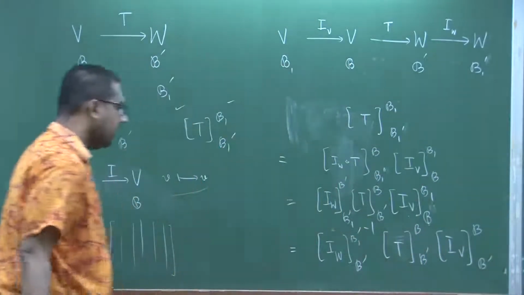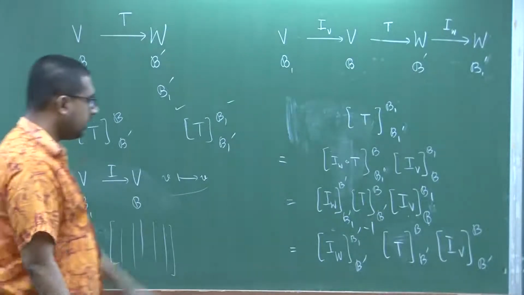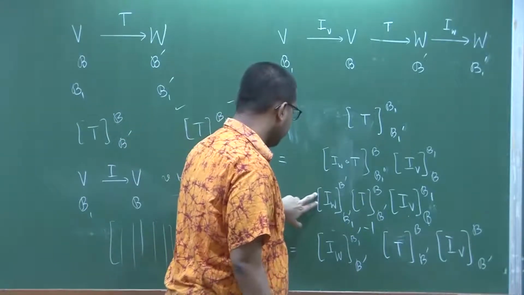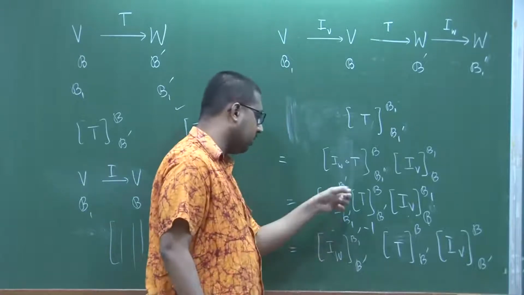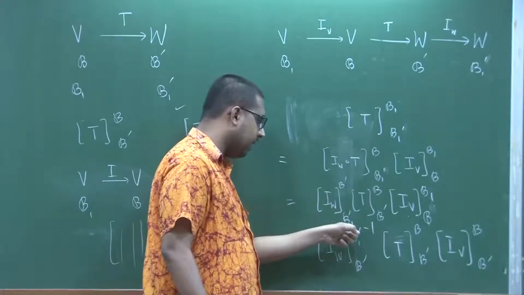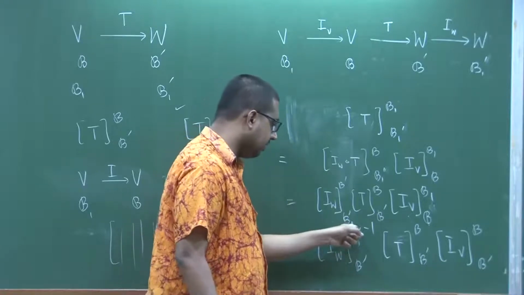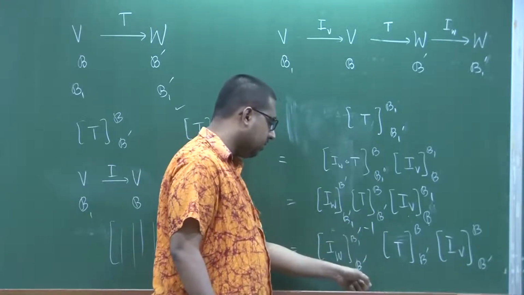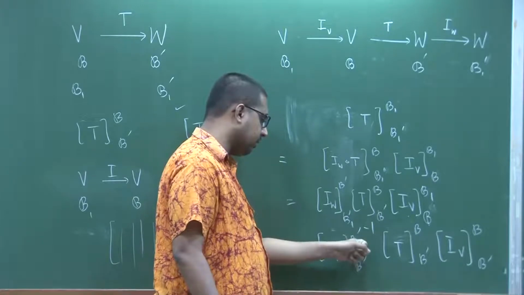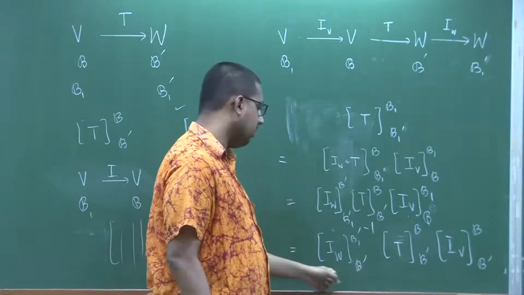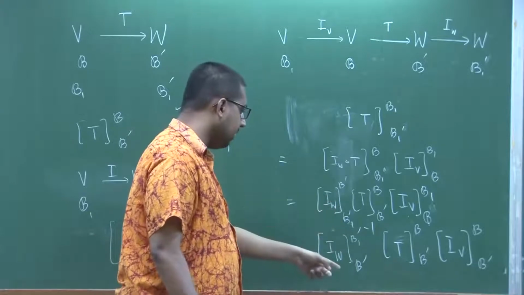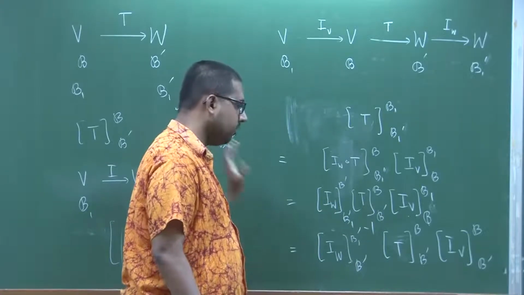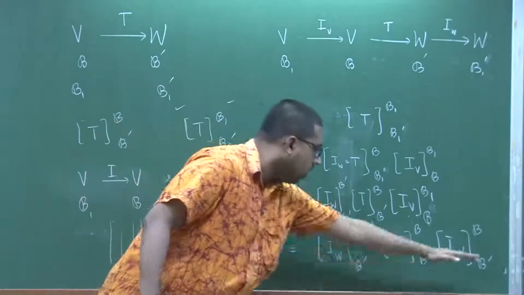Now, that is fine. And the matrix of the identity map with respect to B prime and B1 prime is nothing but the inverse of the matrix of the same identity transformation with respect to B1 prime and B prime. Because if you multiply them, then you get the identity matrix, which we have observed earlier.